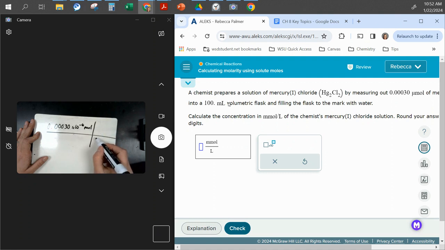So for 1 mole, it's times 10 to the minus 3 millimoles. Is this right? I feel like something's wrong.